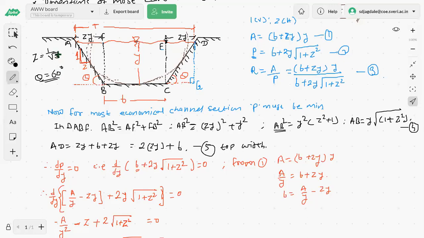This is not essentially required for us, but we have to have a derivation, though right now I'm not going for a derivation of the same. If you take Z as root 3, then by tan theta you will get directly theta as 60 degrees.